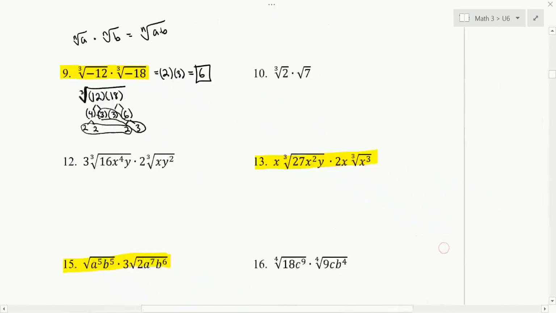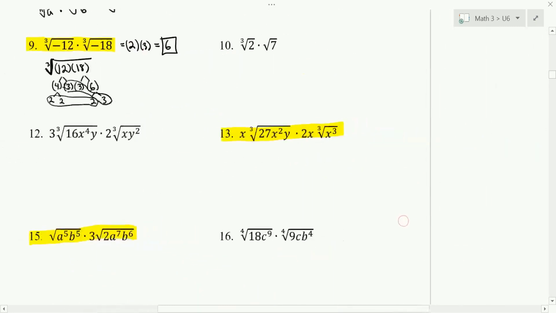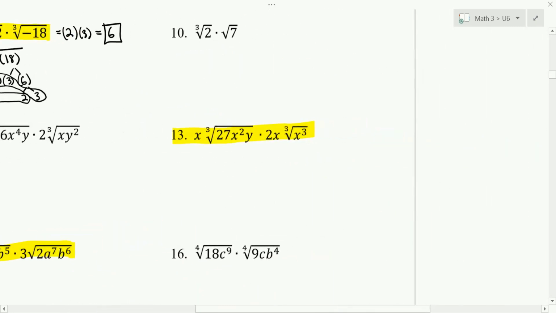Number 13. So here we're assuming we're working with real expressions here because we have variables, and the x and the 2x are on the outside of the cube root, and so we can multiply those together and get 2x squared.